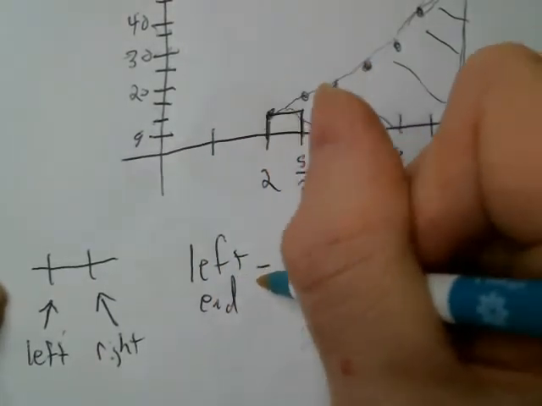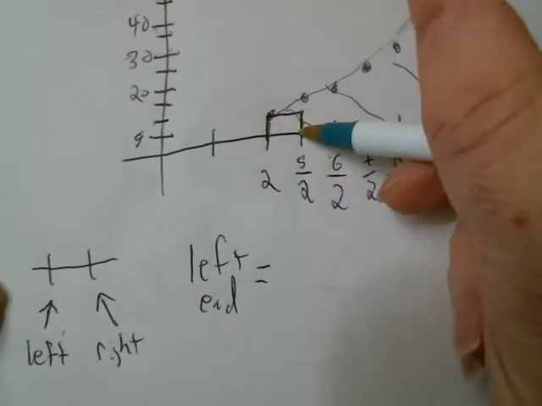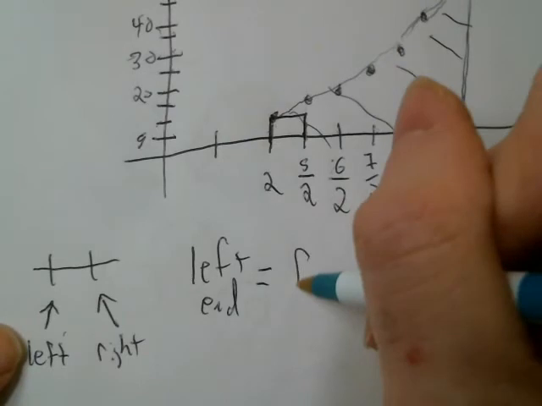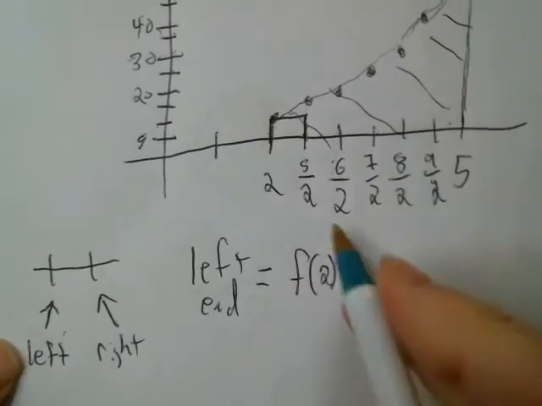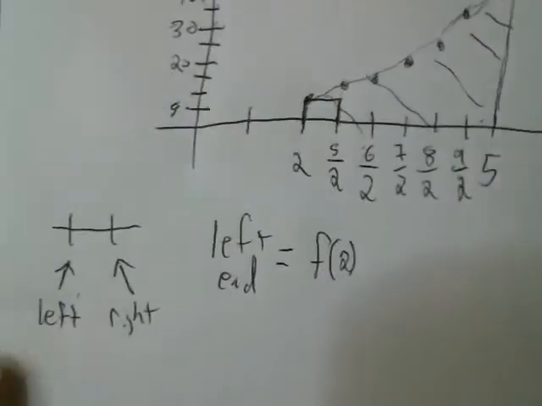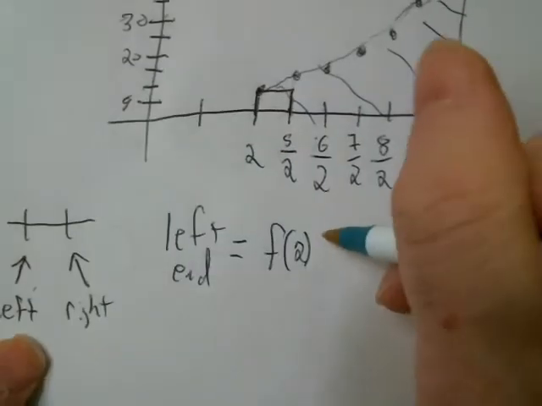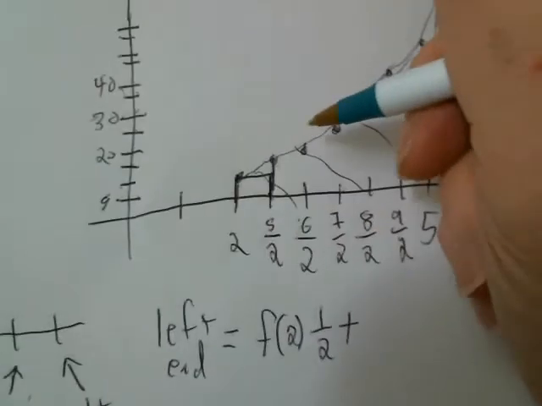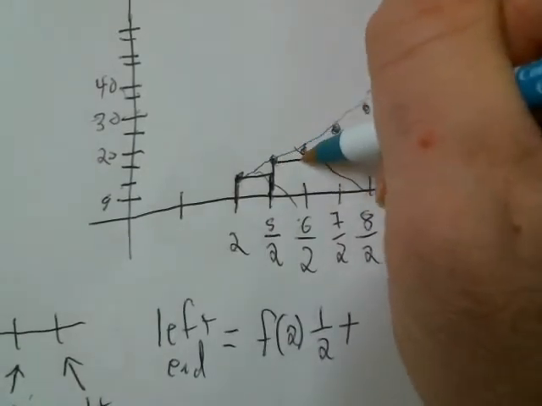Okay, so my first rectangle, I need the area for that. I'm basing the height off of 2. So it's going to be f of 2 times the length of the base, which is always change in x, which we were given as 1/2. Okay, and then plus this next rectangle, and again I base it off the left endpoint.